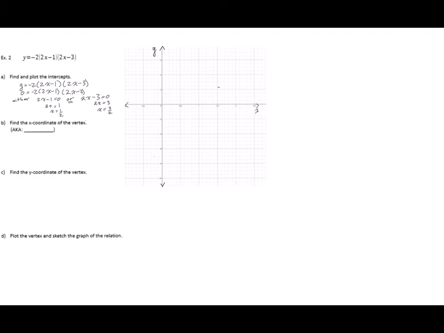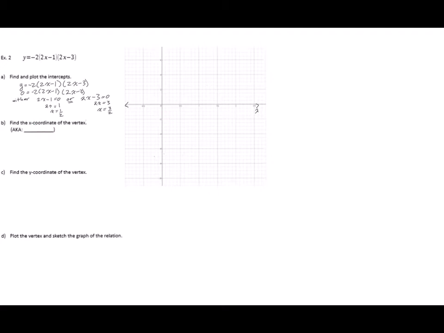And those 2 points. So there are our 2 points. The next thing that we have to do is average those 2 points, to find our axis of symmetry.